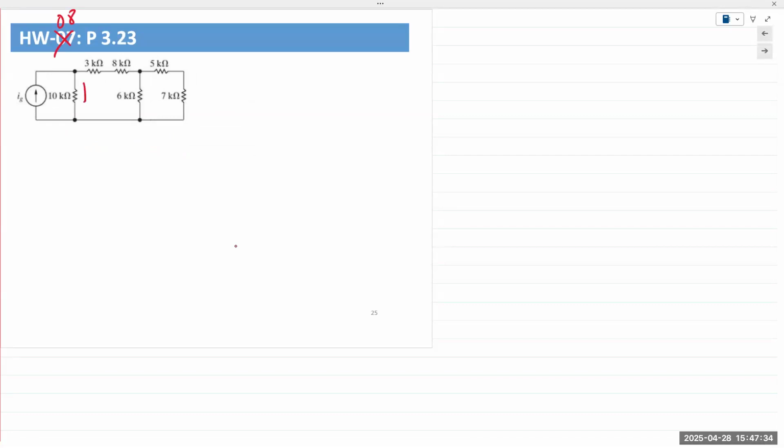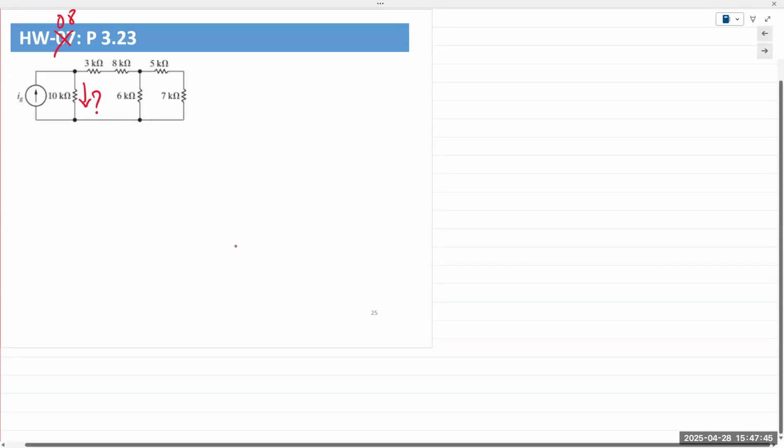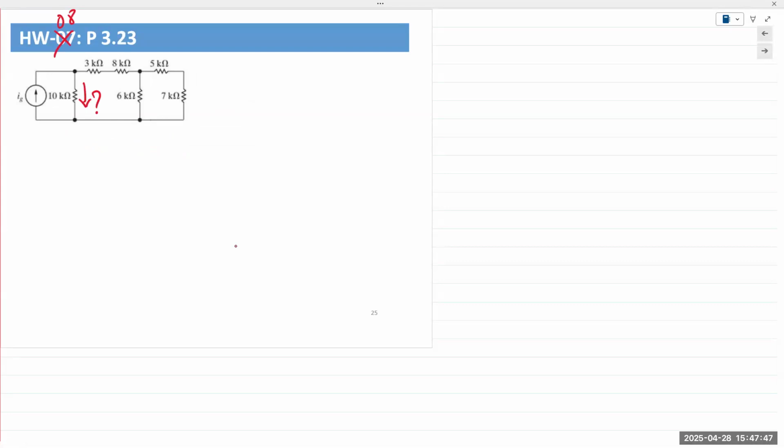So it asks you to find the current through the 10 kilo ohm resistance first. If you want to do that, we have to reduce everything to the right of the current source to one single REQ. So you would have to reduce this to one single resistance.